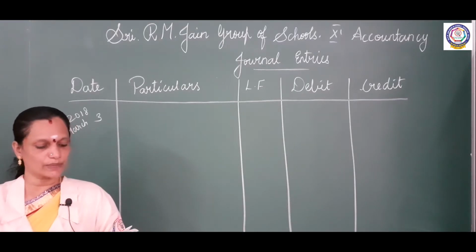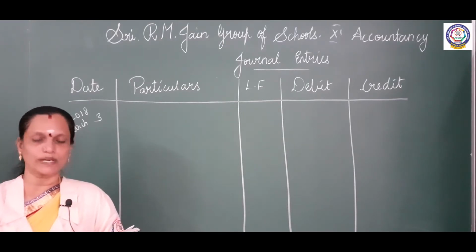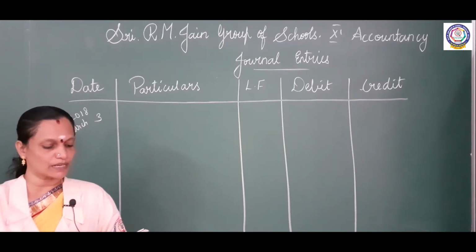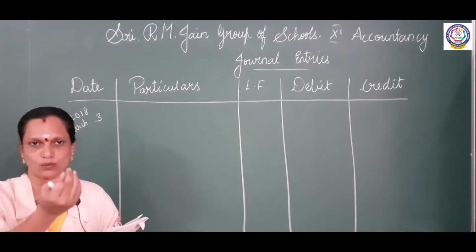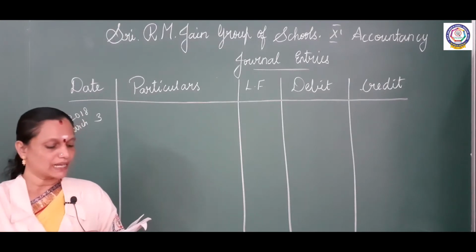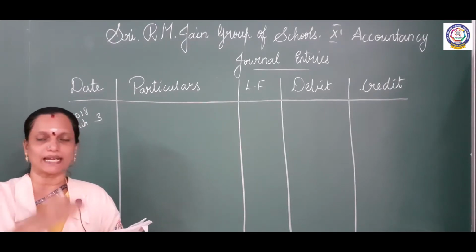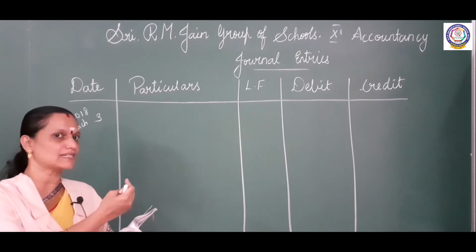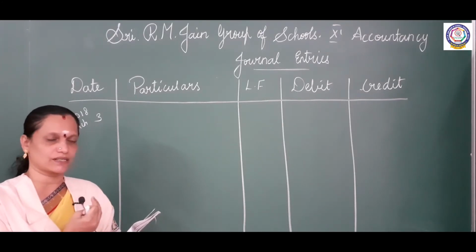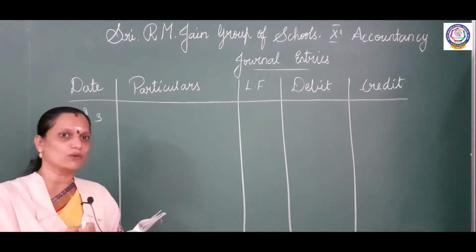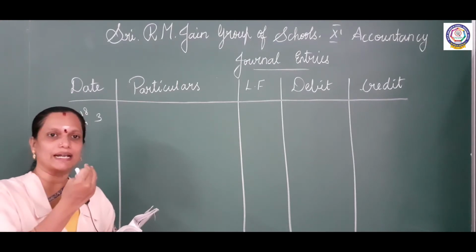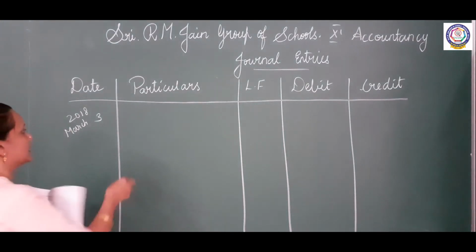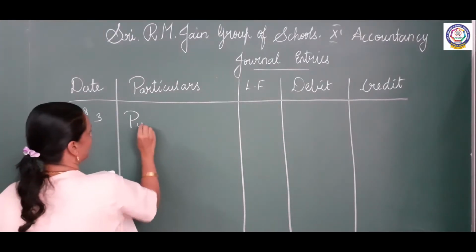Purchased goods from Ravi and payment made through net banking 90,000. See, purchased goods from Ravi, and then payment made through net banking. Automatically they paid into the bank. It is not a cash transaction, it is a bank transaction. So purchase is a nominal account.